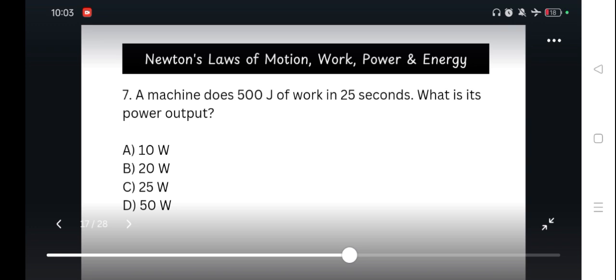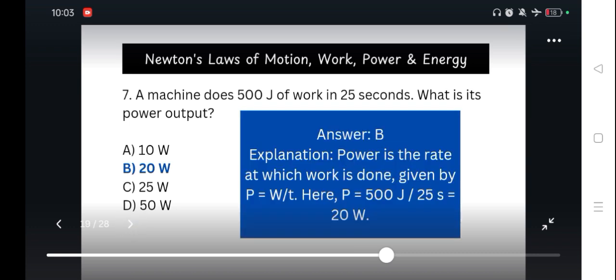Okay, and given are 500 joules of work and 25 seconds as time. So the answer here is 20. So simply that is work divided by time, 500 joule divided by 25 seconds, and the answer is 20. And the unit is watts. Watts is equal with joule per second.